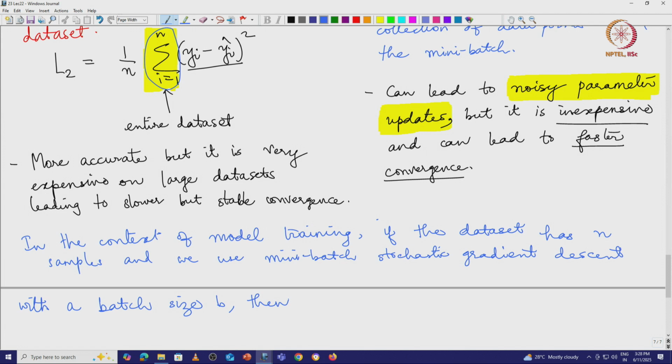there is a term that is defined, it is called an epoch. So one epoch is the elapse of n divided by b gradient updates.